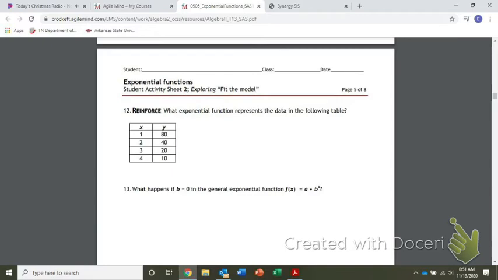So, from 80 to 40, what are they doing? All right, they're dividing by 2. What is the same thing as dividing by 2 in multiplication? They're multiplying by a half.